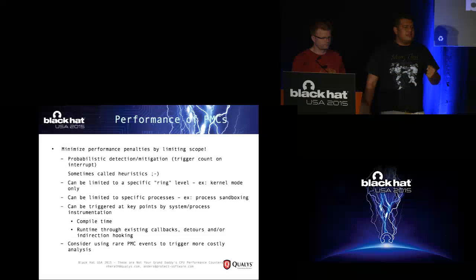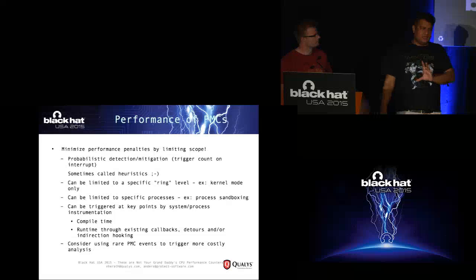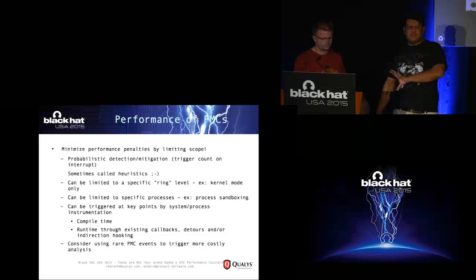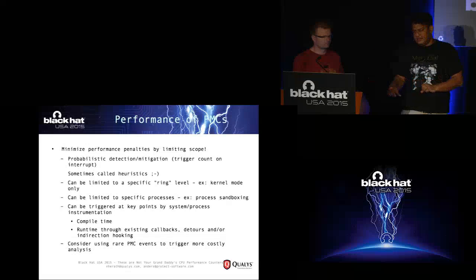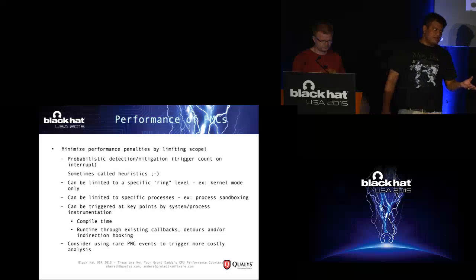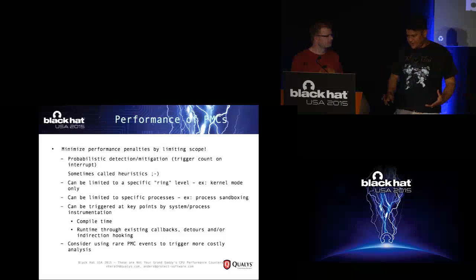The idea is that rather than looking for something that's already happening, you can instrument the program at compile time so that the generated code generates events that are visible with PMCs that you can look for. And at runtime, we can do it by installing instrumentation or hooks at certain points in the OS functioning, and we can evaluate at those points.